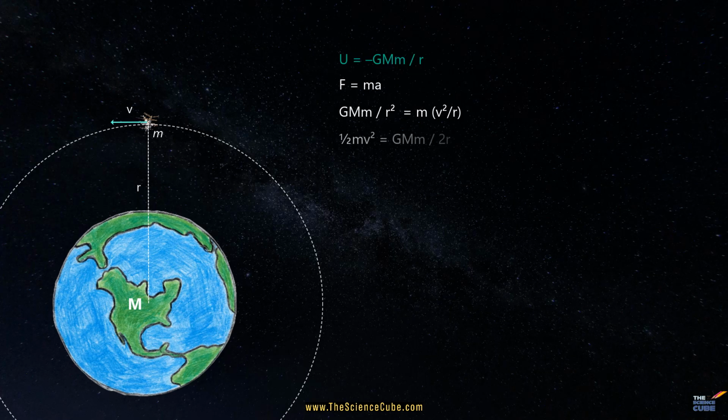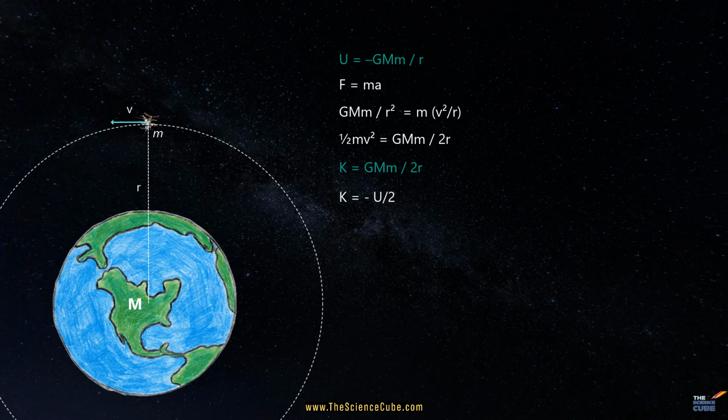Then if we rearrange this equation a little, we get kinetic energy K, that is half mv square, equals GMm upon 2r. But since U equals minus GMm upon r, we find that K equals minus U upon 2 for a circular orbit.